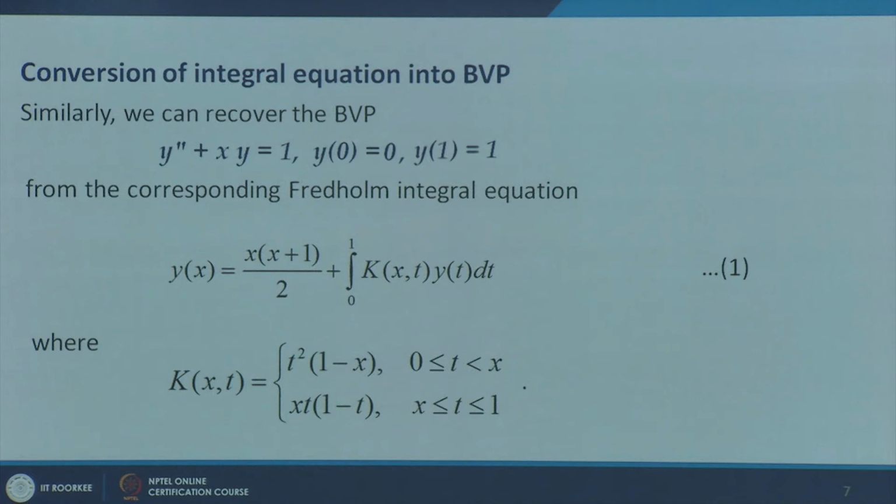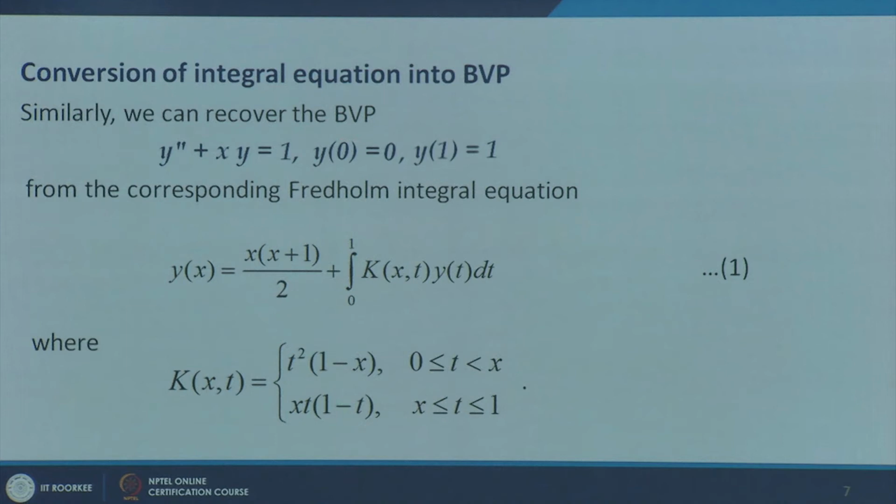So, consider this boundary value problem y double dash plus x y equal to 1, where the two boundary conditions are given at x equal to 0 and x equal to 1: y(0) is 0 and y(1) is 0.